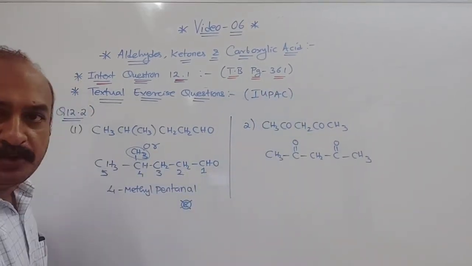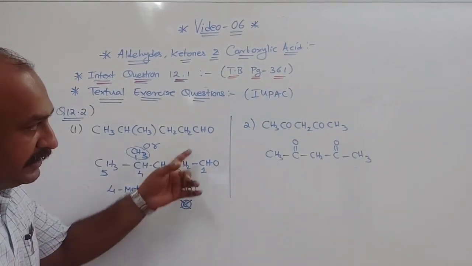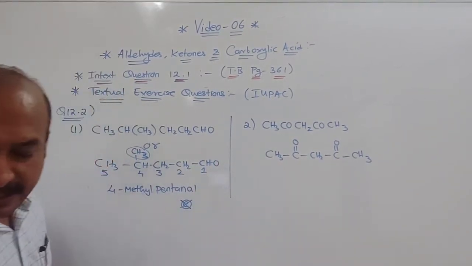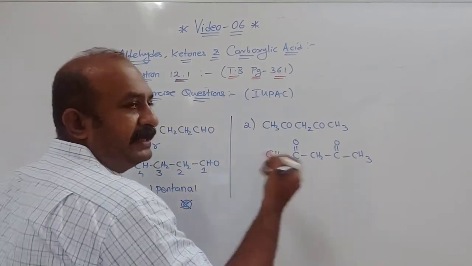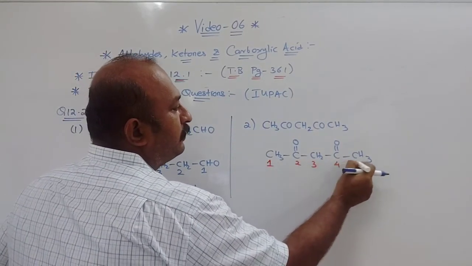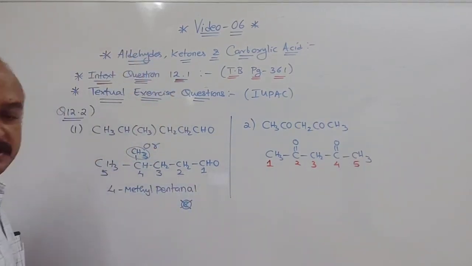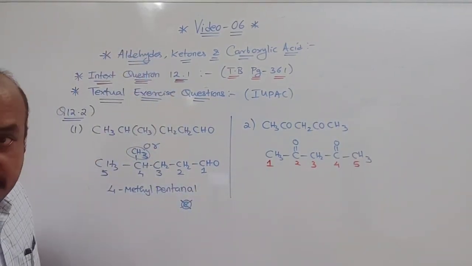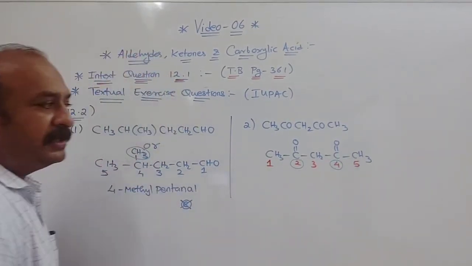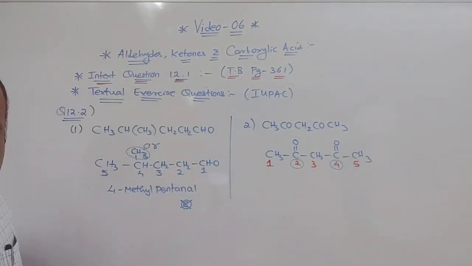IUPAC is the International Union of Pure and Applied Chemistry, so according to its rules we are writing the name. If I number it from any side, left to right or right to left, you will see this is 1, 2, 3, 4 and here it is 5. In this case, at the second and fourth positions, you can see there is a ketone group. Which group is there? Ketone group.